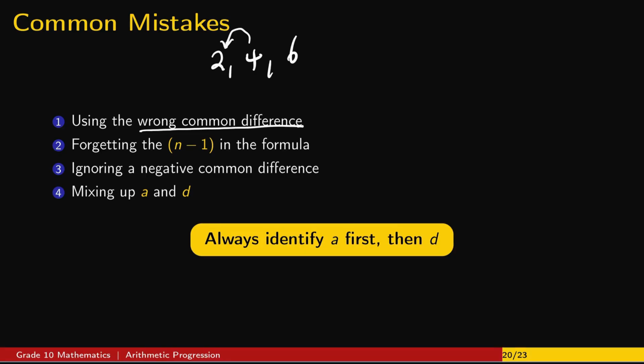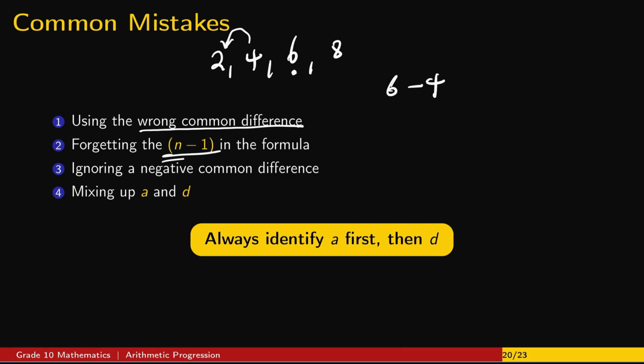Don't go left minus right. Do the right term minus the preceding term. So if this was 8, I won't do 6 minus 8. I have to do 6 minus 4, the following term minus the preceding term.